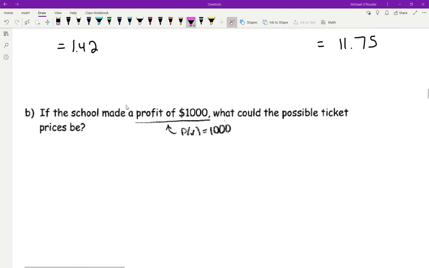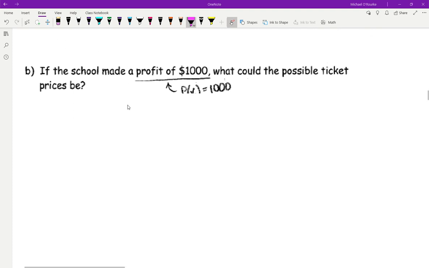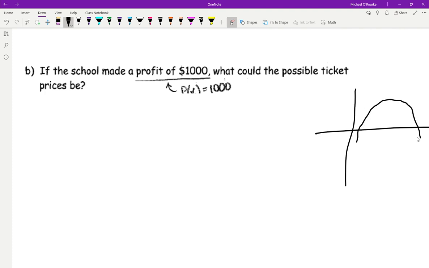Now here's the question I talked about earlier. Okay? So if we think about that original chart we made up top here, it looked like this. And we said the break-even point. So we're looking when this is equal to 0, correct?